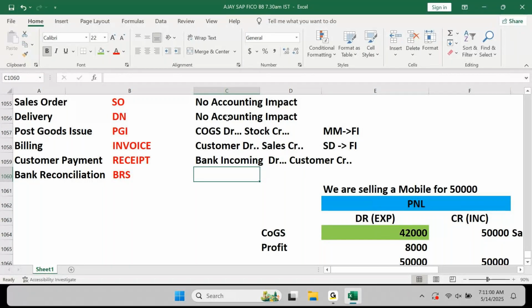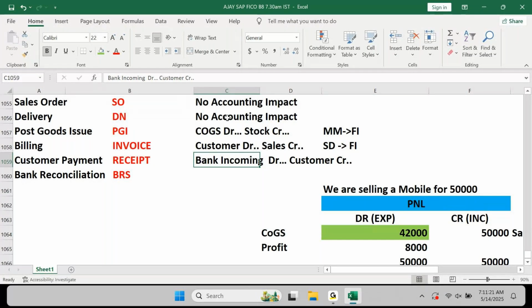What is the BRS accounting entry? First, the customer payment. Here you are receiving money from the customer, right? When money is coming inside your business, you are debiting the bank incoming account.